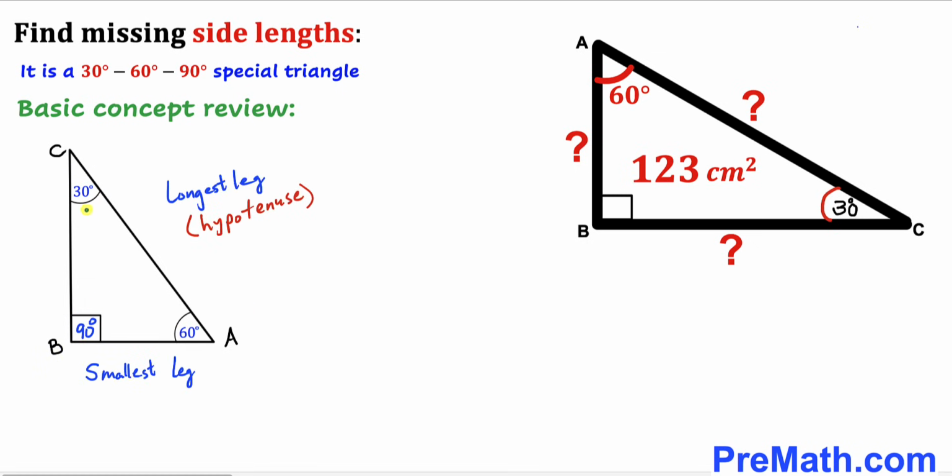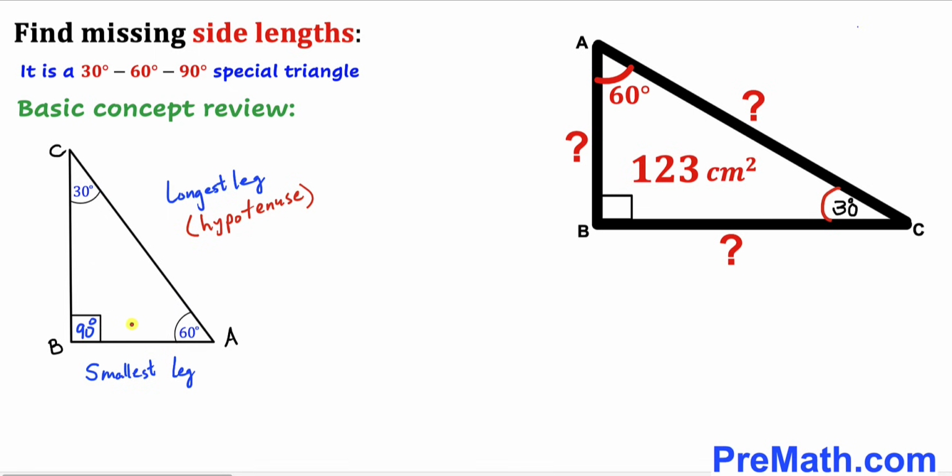So therefore, the side opposite to this smallest angle is going to be our smallest leg. And the side opposite to this largest angle is going to be our longest leg, which is also called the hypotenuse. In such a 30-60-90 special triangle, the longest leg is always twice the smallest leg.